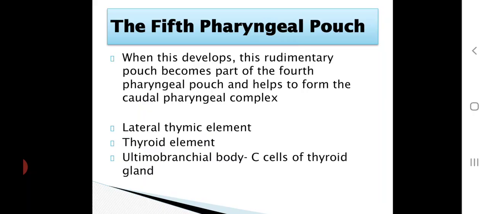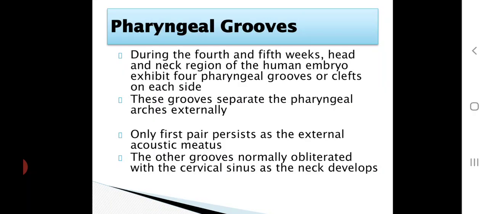What is this lateral thymic element? We already told this thymus develops from the third pouch. So the central part of the thymus develops from this third pouch. The lateral parts of the thymus develop from this caudal pharyngeal complex. Again, this thyroid element, thyroid mainly we will see again in the next classes.